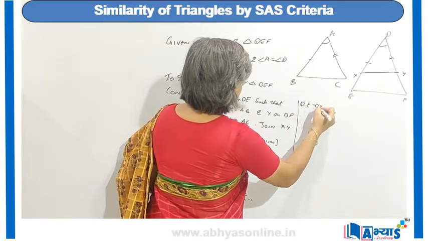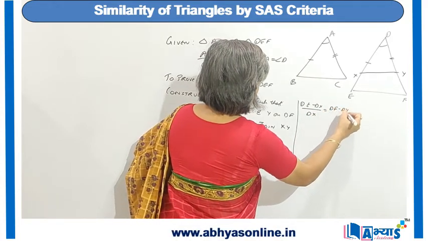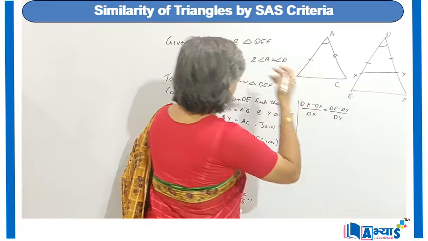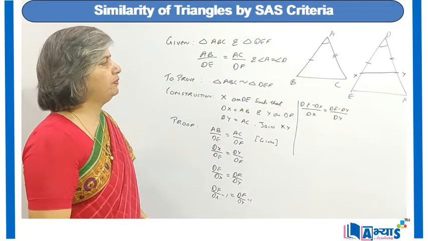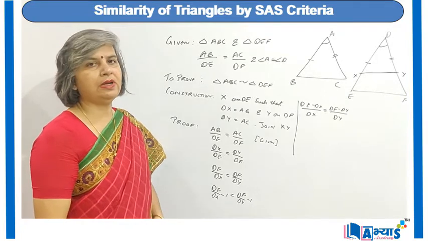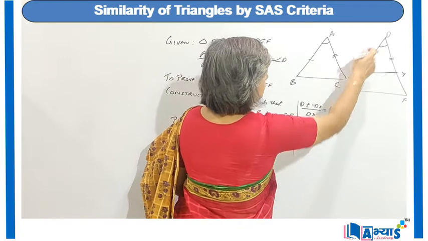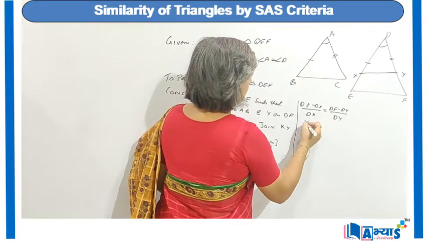DE minus DX upon DX is equal to DF minus DY upon DY. Now we know that DE minus DX will be equal to XE.